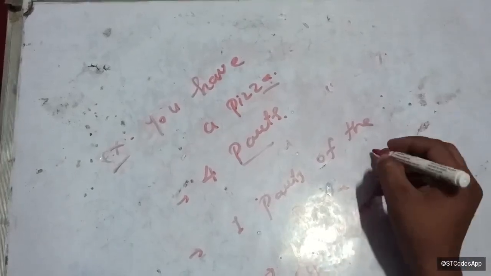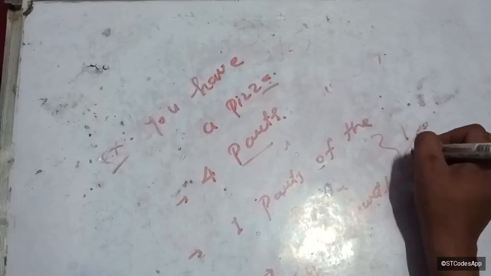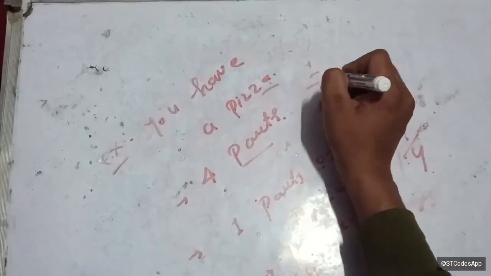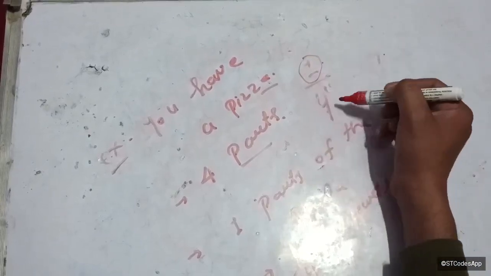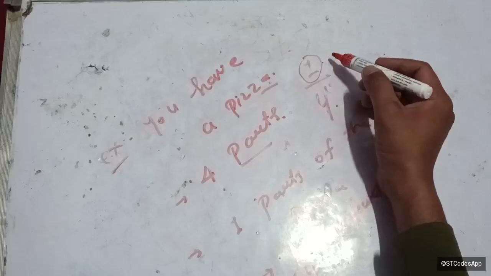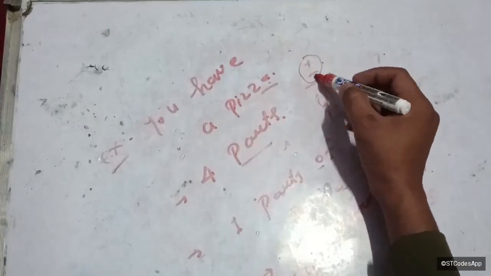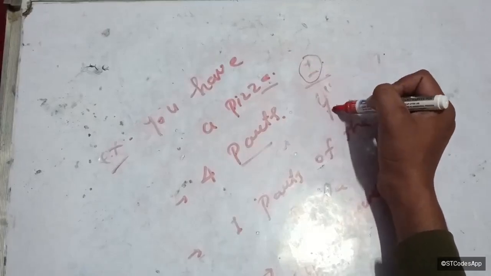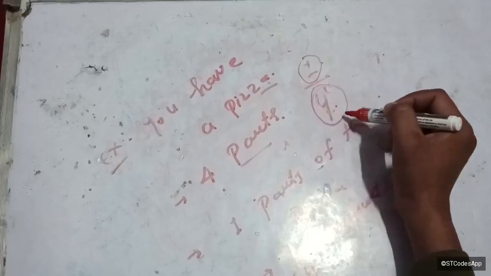The upper side of the fraction is the numerator, and the lower part is the denominator. The numerator shows the number of parts taken from the total, and the denominator shows the total number of parts.